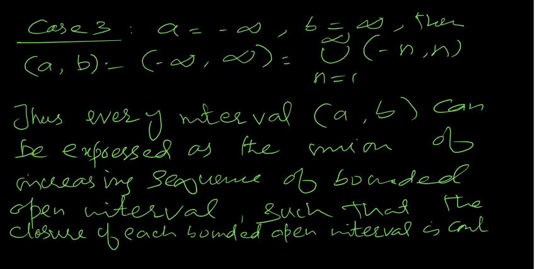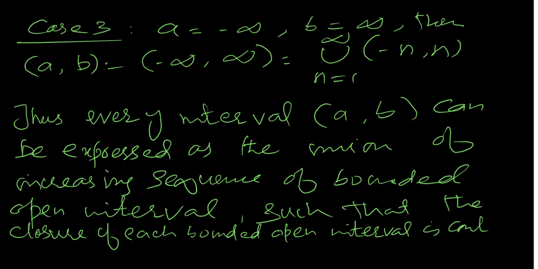You can see what's the closure of minus n to plus n. It's the closed interval minus n to plus n, that's contained here because it is the whole real line. So every interval can be written as the countable union of an increasing sequence of bounded open intervals, such that the closure of each bounded open interval is contained in this interval (a, b), which is unbounded.